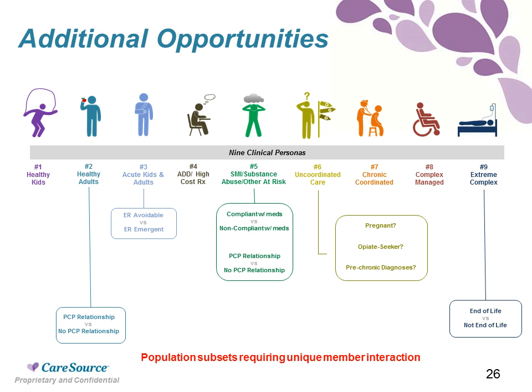So when they're in persona 5 and they don't have all these other chronic conditions going on, we really want them to stay in persona 5, and we just want to make sure they're compliant with their medication regimen. So that's something critical.